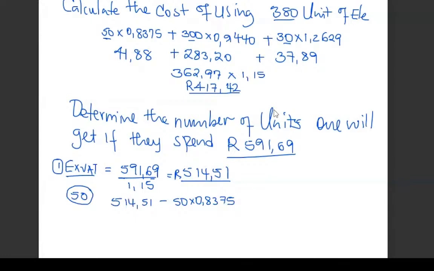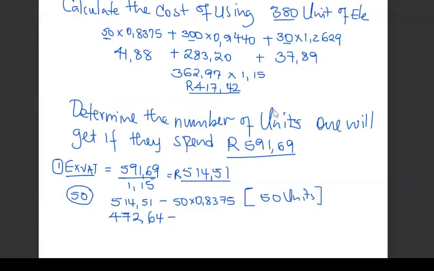When I do this, how many units am I catering for? I'm catering for the first 50 units. I put them aside. Then I need to find out how much I remain with: 472.64 rands. So this is pushed to bracket number two.